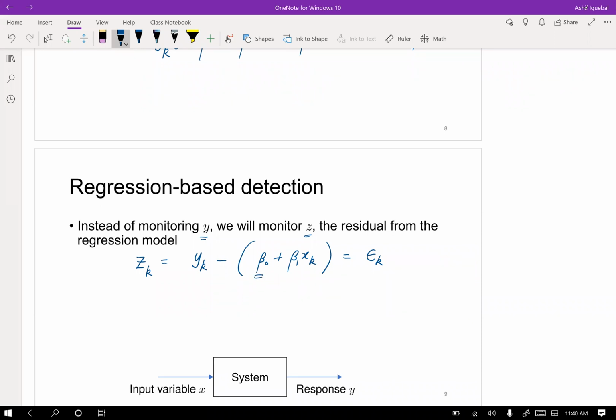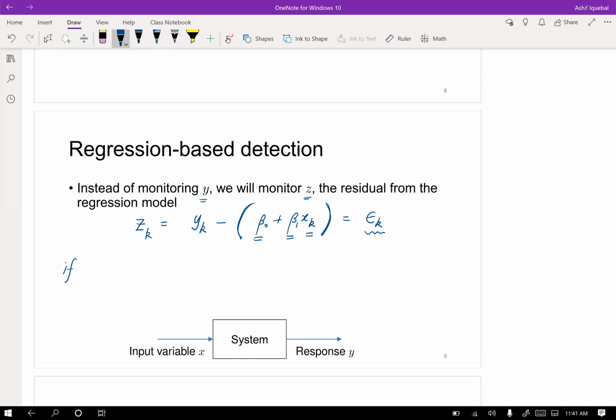We can estimate beta naught, we can estimate beta 1, xk is already given to us. So we can find out this term inside the parenthesis, and we can subtract this from the original value, which is yk, and we can get the error term. So instead of monitoring the y values, we are going to monitor the residual from the regression model. Now, if there is no change in zk, zk would follow a normal distribution with mean 0 and variance sigma square.